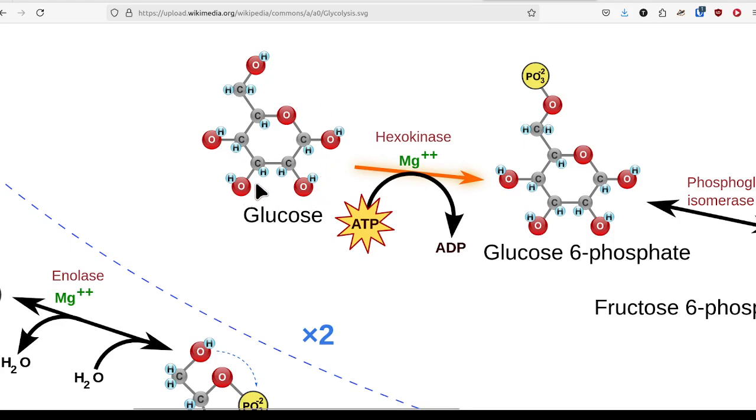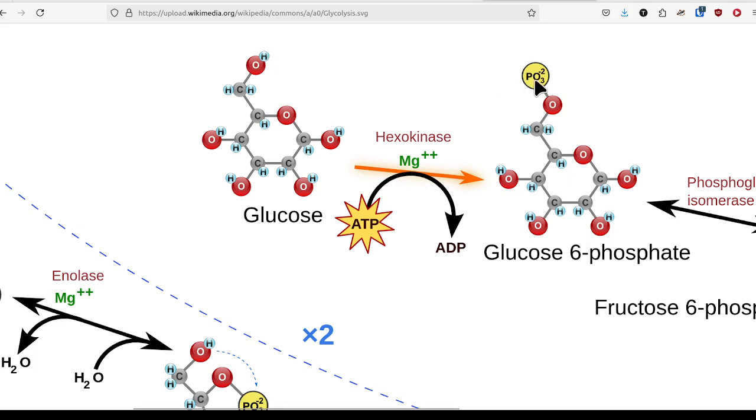So there's glucose. We look over here at this glucose 6-phosphate molecule. And there's one thing that's obviously different. This PO3 with a -2 charge replacing the H there.